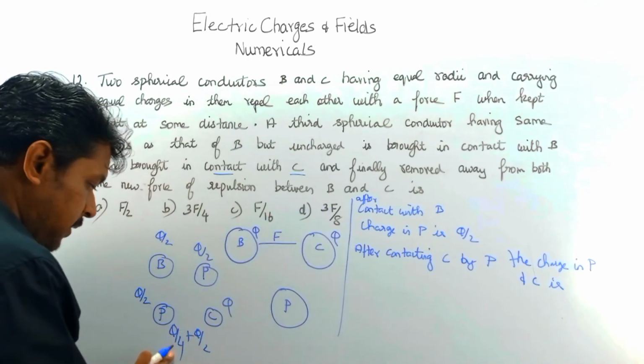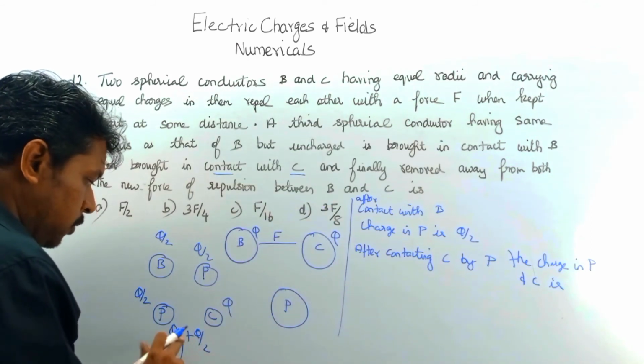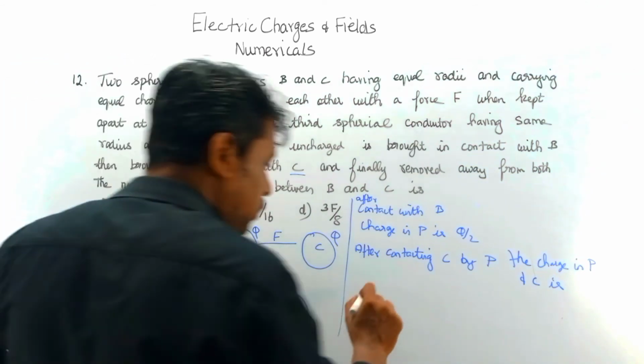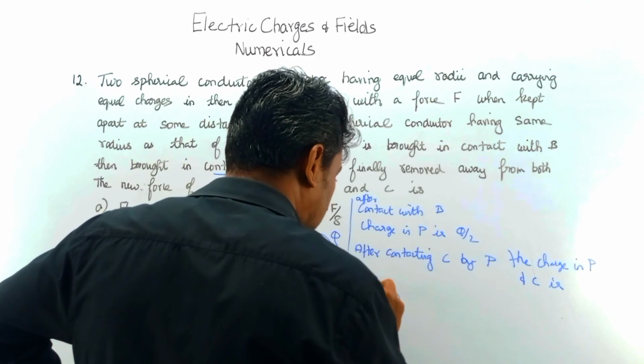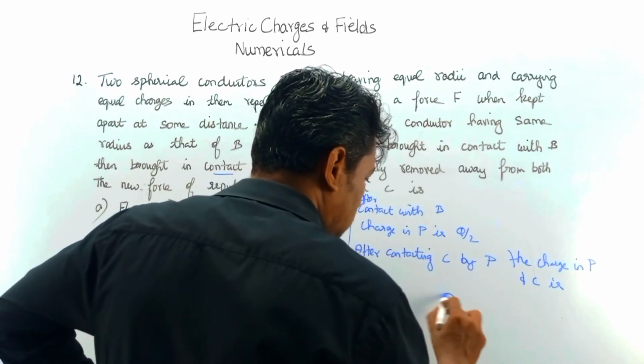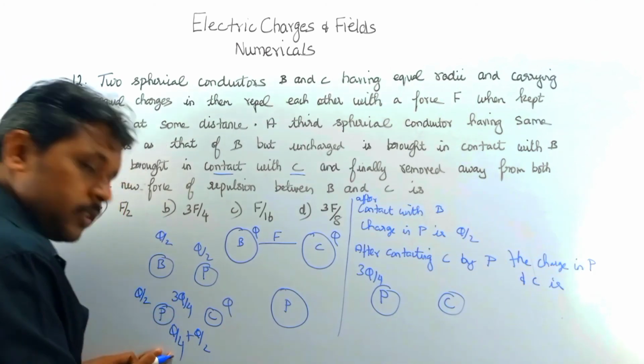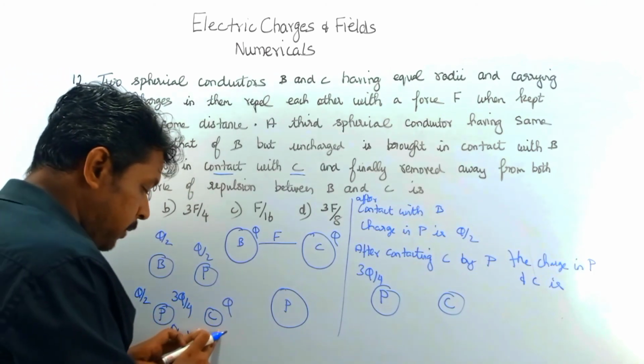Okay, so when I add this both, Q by 4 plus Q by 2, it will become 3Q by 4. So now the charge in P will become 3Q by 4. From this P, Q by 4 is shared, here Q by 2 is shared.